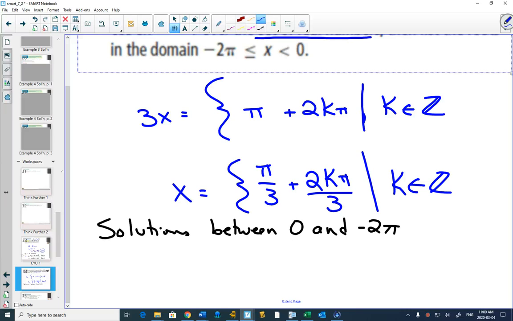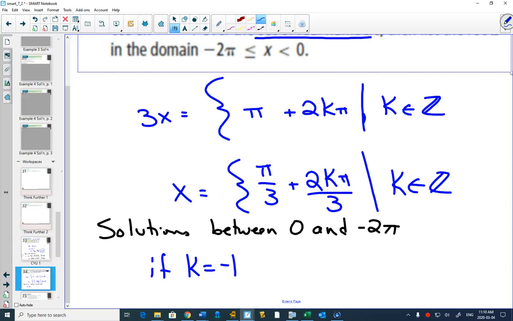Can you see that if k is 0, you'd get pi over 3? Is pi over 3 between 0 and -2 pi? No. Can you tell me a k value that would give you an answer between 0 and -2 pi? 0 doesn't work because that gives you pi over 3.